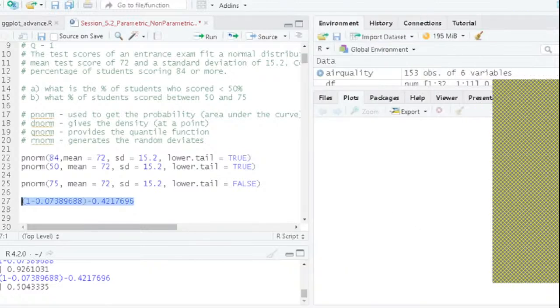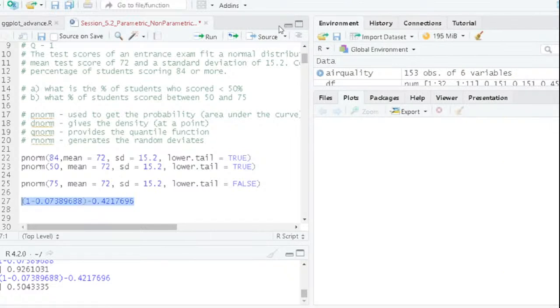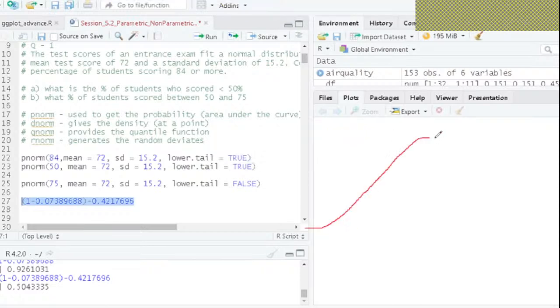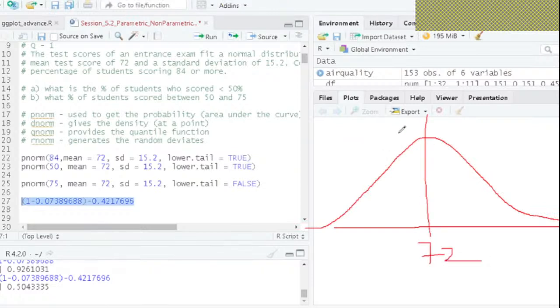Okay, let's see what logic you should follow. This is my normal distribution. This is 72. I am asking what is the percentage of students who fall between 50 and 75? 50 is on one side and 75 is on the other side, right?